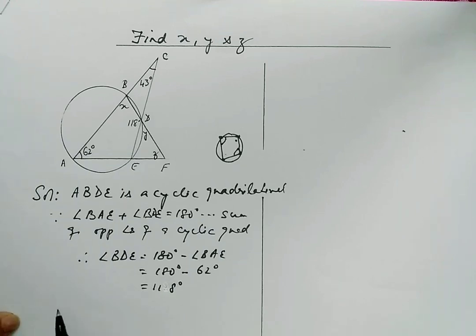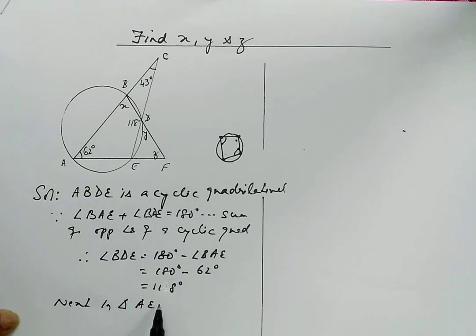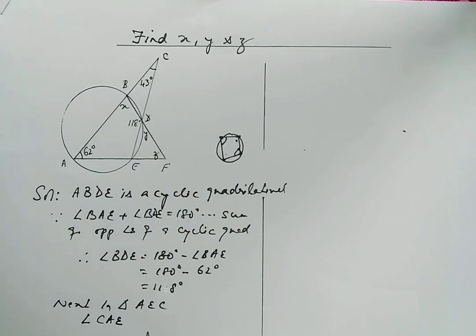So next we move on to triangle AEC, while angle CAE is equal to 62 degrees.